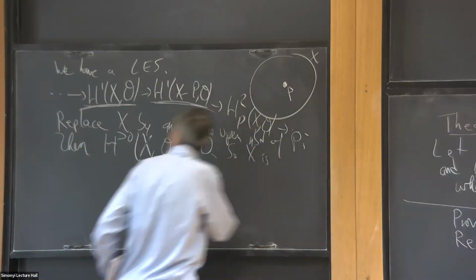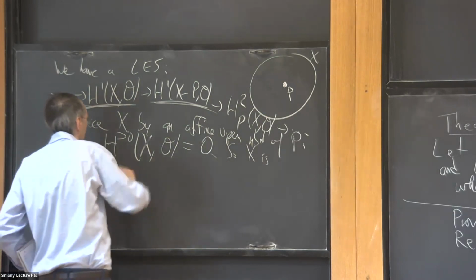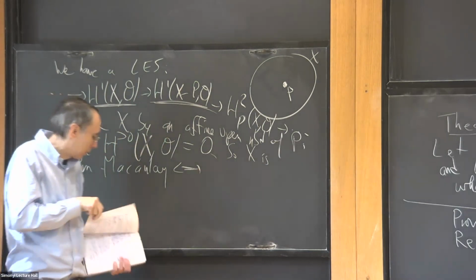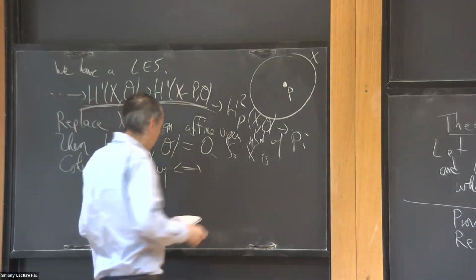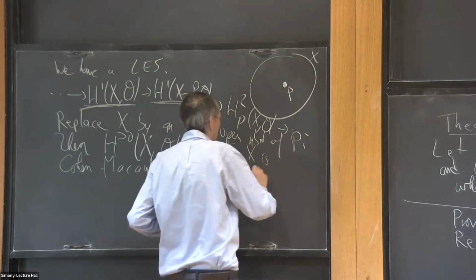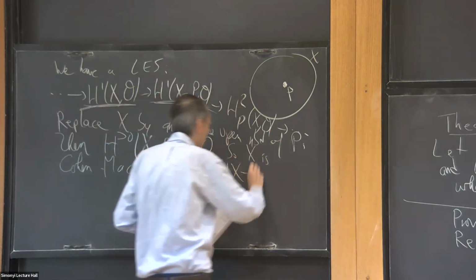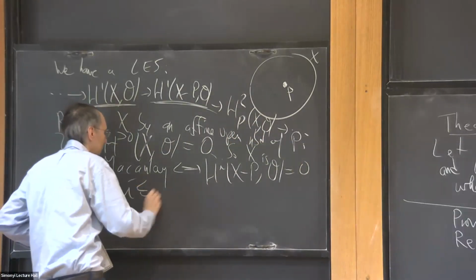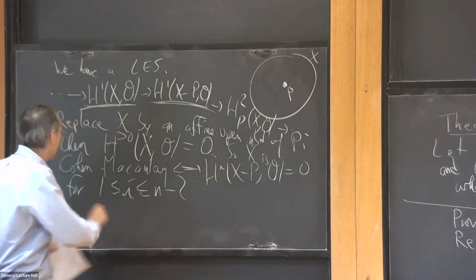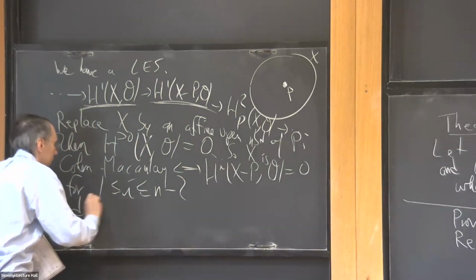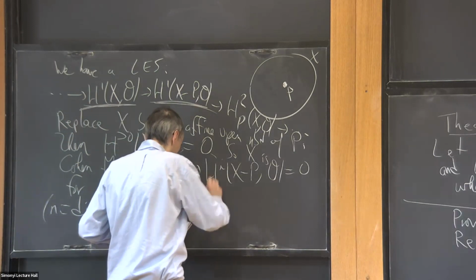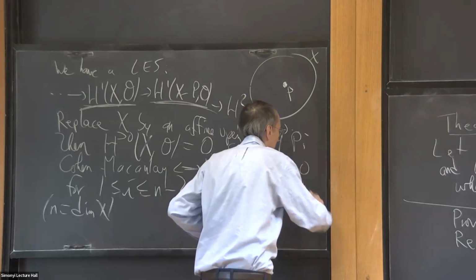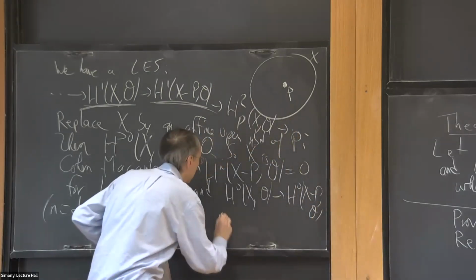So X is Cohen-Macaulay if and only if the cohomology of the affine open neighborhood of this point minus the point, with O coefficients, is 0 for i from 1 up to n minus 2, where n is the dimension of X. And I guess there's some surjectivity part: the global sections of regular functions on X map onto regular functions on X minus the point.